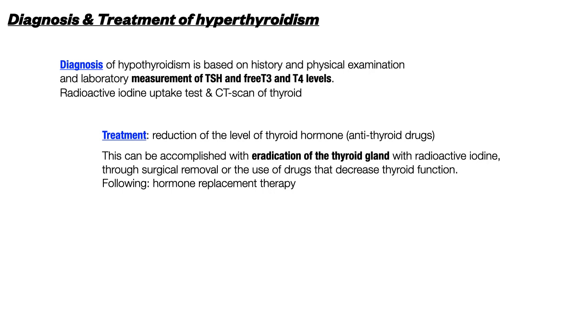Right, so diagnosing hyperthyroidism is done by measuring the blood levels of TSH, T3, and T4 again. If it's due to a primary cause, TSH will be low and unbound thyroid hormones will be high.